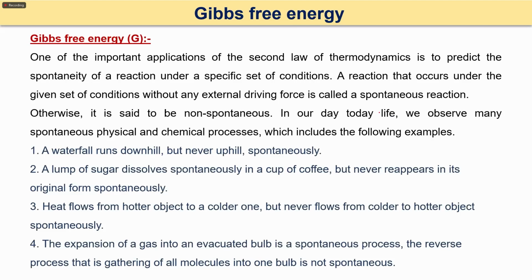A reaction that occurs under the given set of conditions without any external driving force is called a spontaneous reaction. So what do you mean by a spontaneous reaction? Let us say a reaction is happening without providing any external force. You don't have to work for that reaction to occur. In that case, we call that reaction a spontaneous reaction.